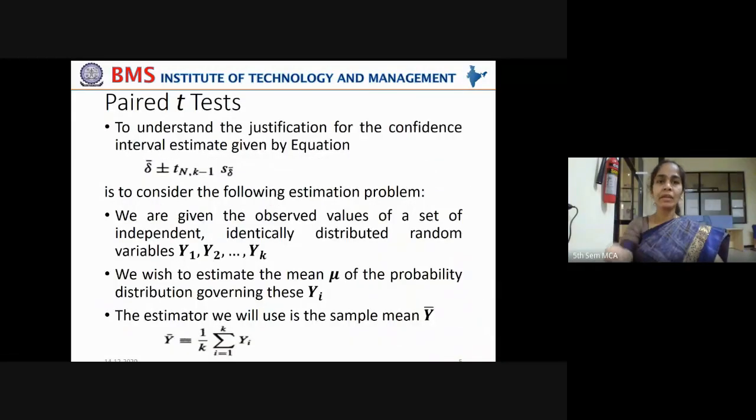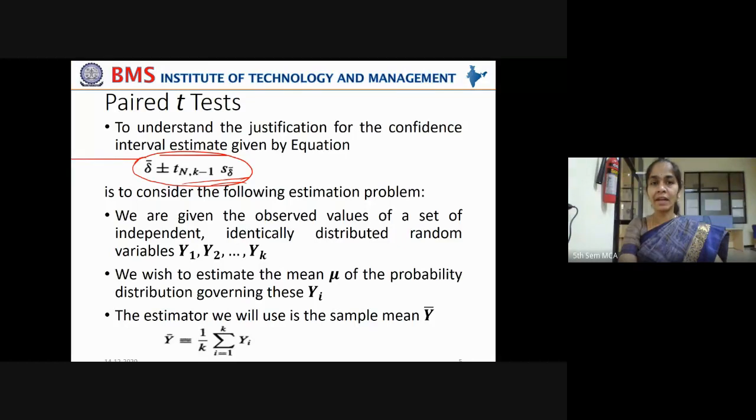Okay. Now to understand the justification for the confidence interval estimate given by the equation, consider the following estimation problem. Now in order to justify the confidence interval estimate given by this particular equation, you know very clearly what this equation is, right? Delta bar plus or minus critical value t at confidence interval n and k minus 1 degrees of freedom multiplied by the standard deviation of delta bar. I'm reading out this mathematical expression.